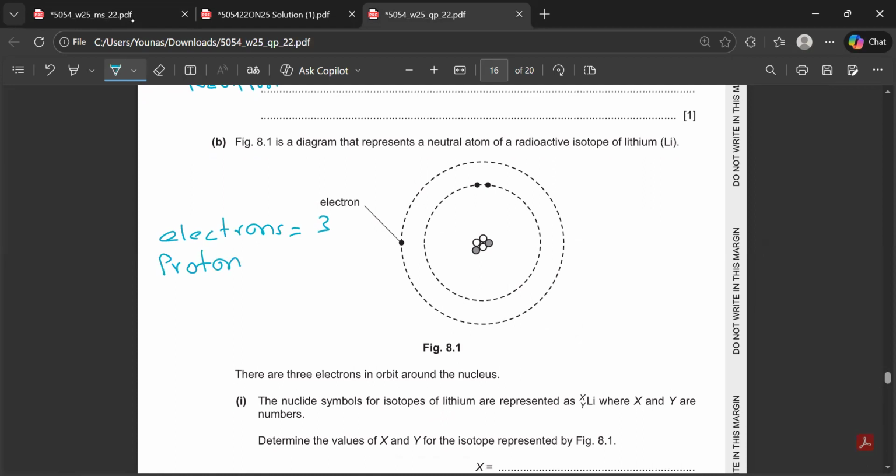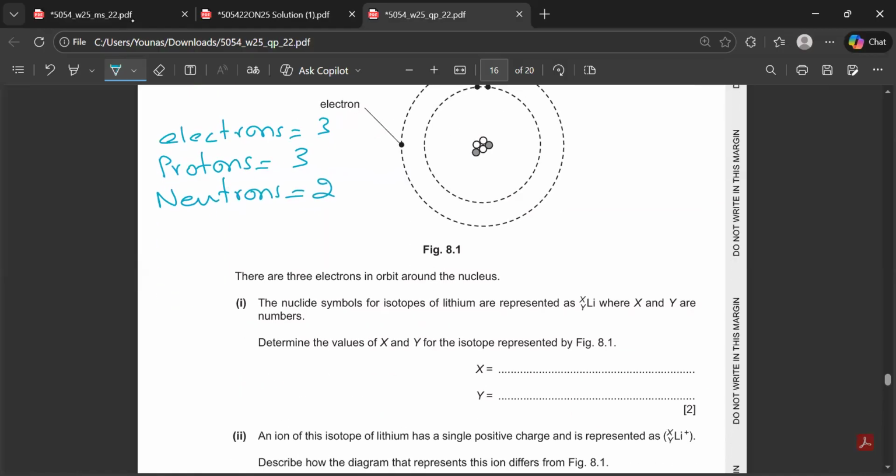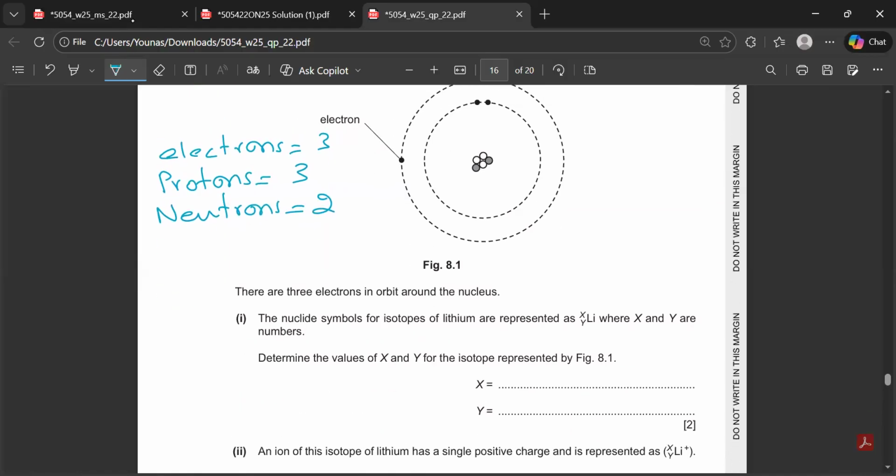It's a neutral atom. There are 3. How many neutrons are there? There are 2 neutrons. He says there are 3 electrons in orbit around the nucleus. The nuclide symbol for the isotope lithium is represented by lithium X Y, where X and Y are numbers. Determine the number X and the number Y for the isotope represented here.